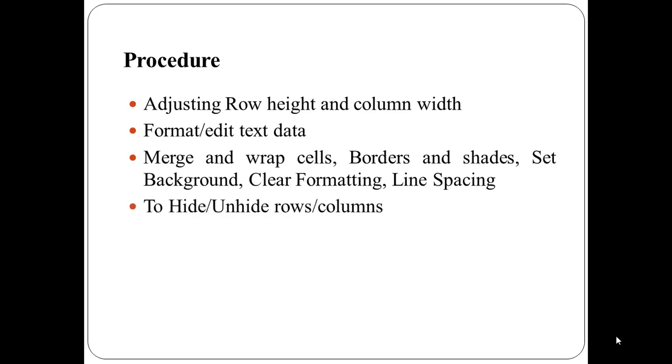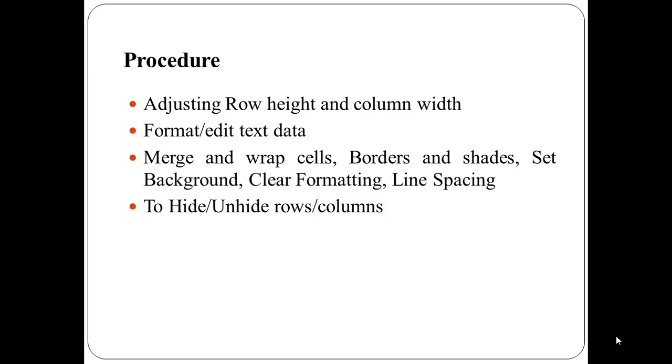You can also hide and unhide rows and columns. To do it, you have to click on the column or row designation number on the top to select the whole column or row. You can use the relevant menu or right click the mouse button and choose Hide to hide the columns and rows.